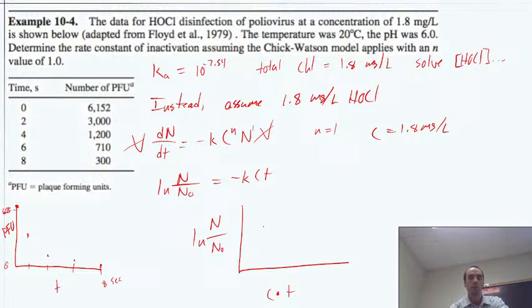Then what we're left with should be a plot where the slope is k. And it should look a lot like this, where this actually would be 0, and we're going a little bit negative. And we should have some data points that we can plot a straight line through. And here's k.